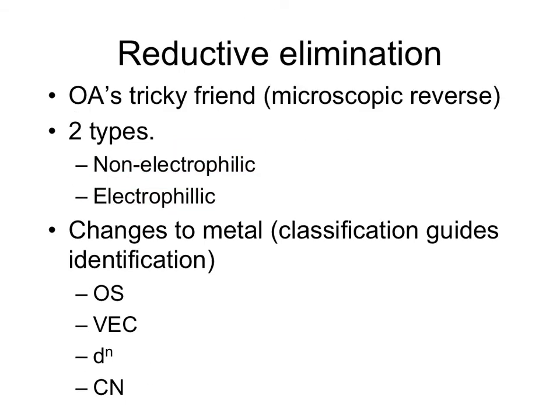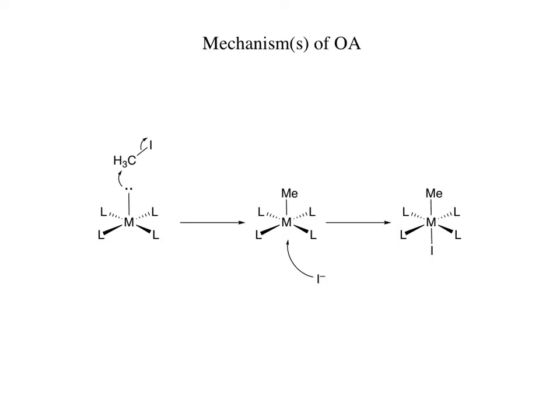Reductive elimination is the microscopic reverse of oxidative addition, or oxidative addition's tricky friend, and it also has two types, either electrophilic or non-electrophilic, depending on the substrate, and we will be classifying these reactions according to the terminology we've developed in class so far this semester.